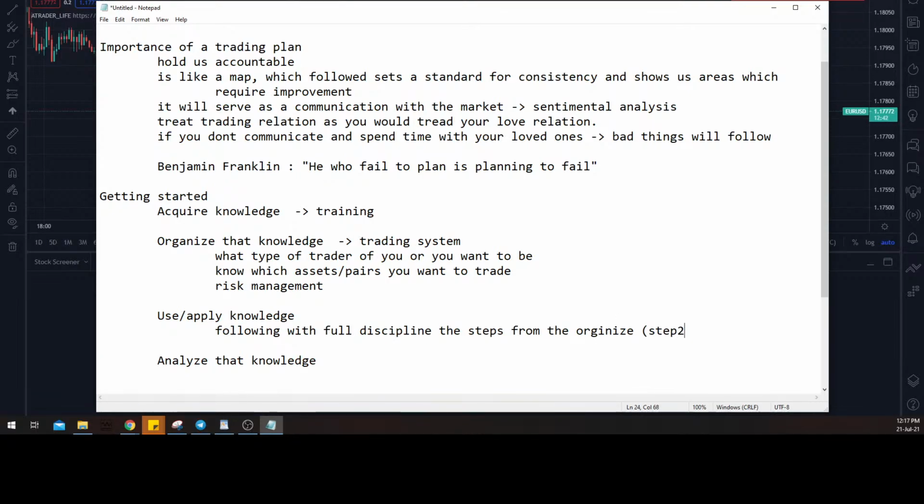It's important to know that this must be done in live market settings. Although I recommend, of course, for the first part to use a training account, a demo account or something like that, and you can acquire that knowledge without spending real money.